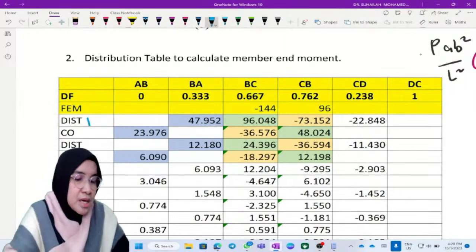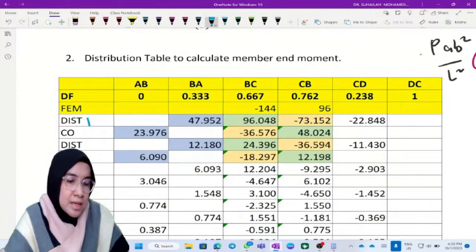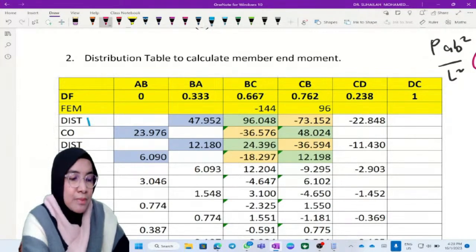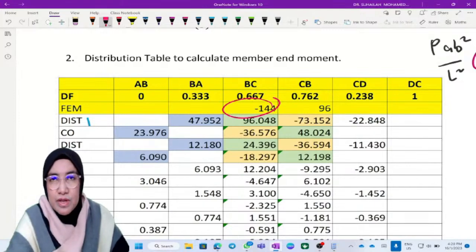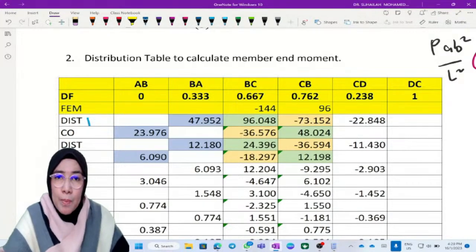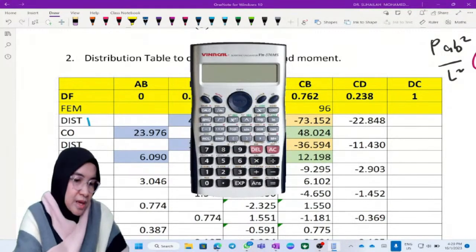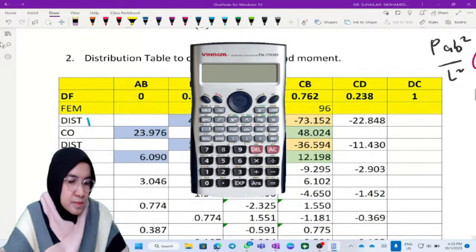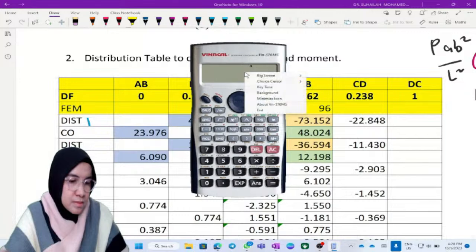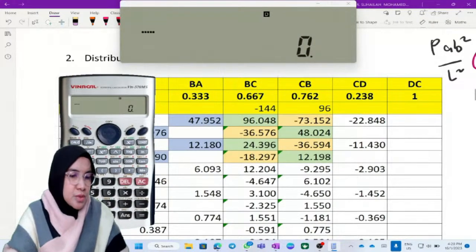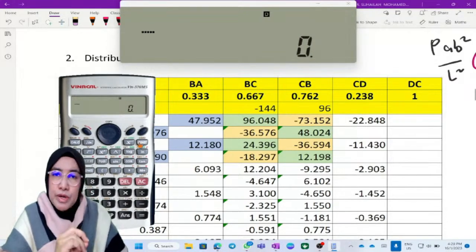For the first distribution, we have to find the joint moment, and the joint moment is opposite to the member end moment, the first member end moment in the table. So we put a negative to change the sign, representing the opposite condition.